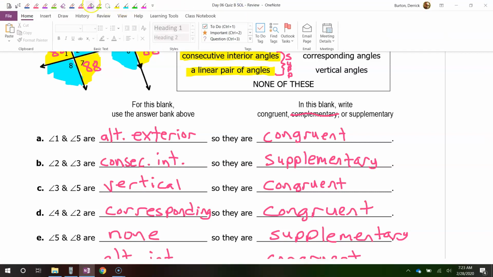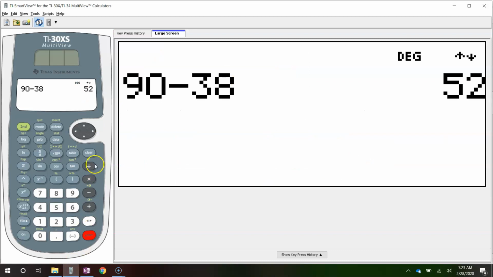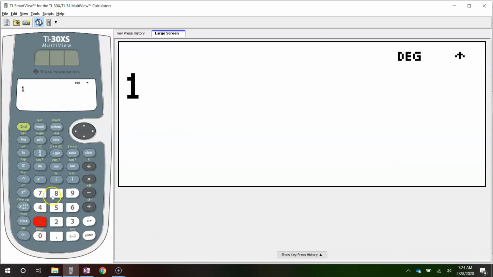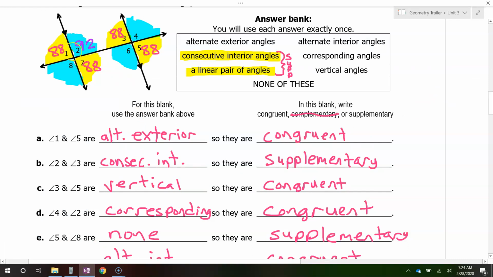So that means this must be 92. They have to add up to 180, so I'm just doing 180 minus 88. That's why I'm getting 92. So this linear pair has to be supplementary, so that means angle 2 has to be 92. And that means that all of the blue angles are 92.